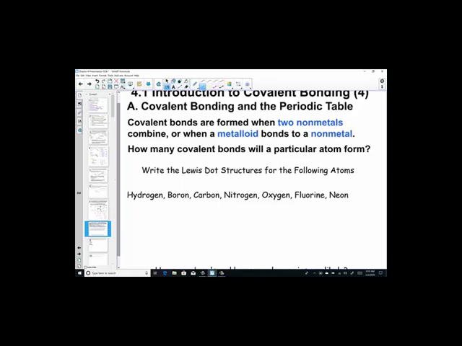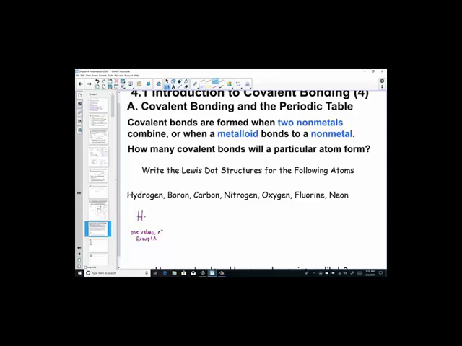Alrighty, so the first one in our box says hydrogen. I want us to investigate: the hydrogen atom has one valence electron. And I know that because of where it lives, it would like to have a noble gas configuration of helium.